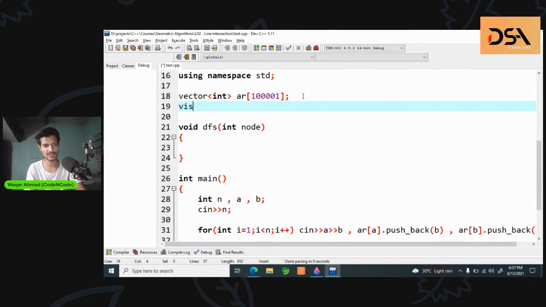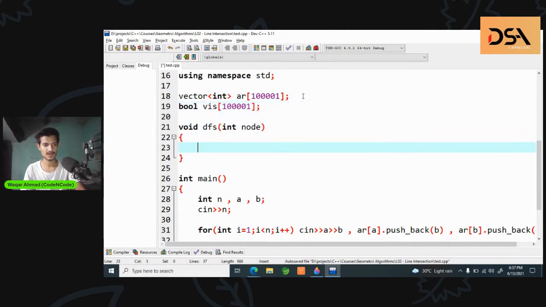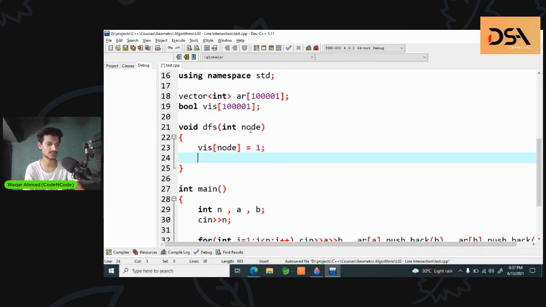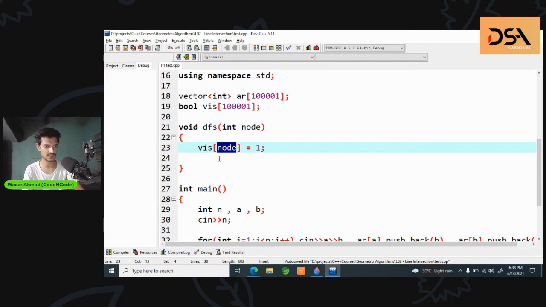Now we have a visited array of type bool. Since I'm declaring this globally, all of the values are initialized with 0, which means not visited. As soon as you reach a certain node, you mark it as visited. So that is exactly what we are doing here. I'm marking the current node as 1, which means it is now visited.